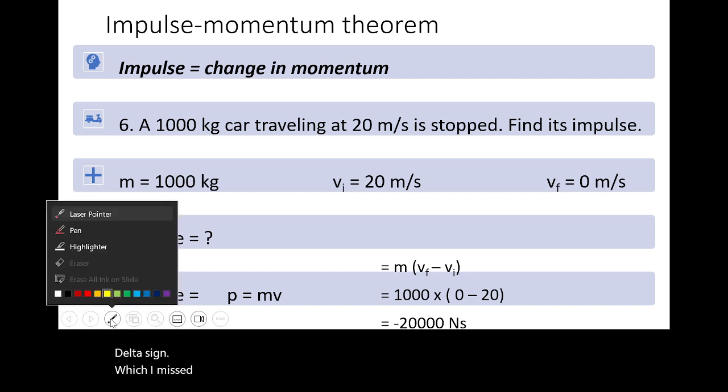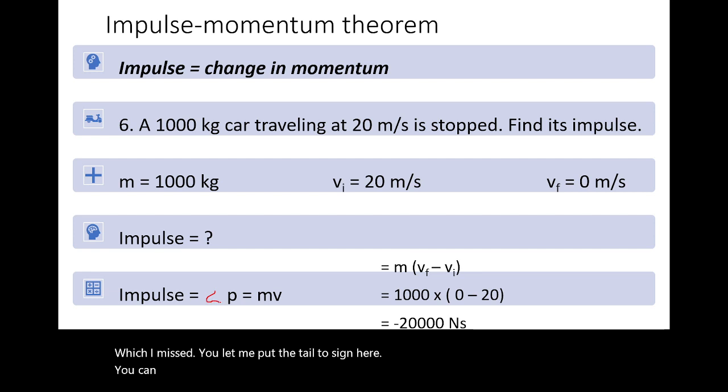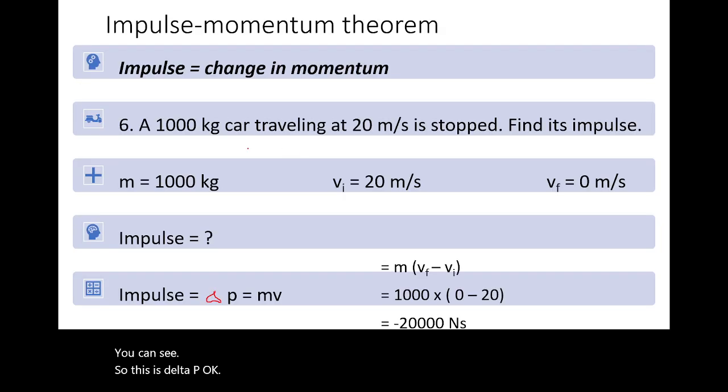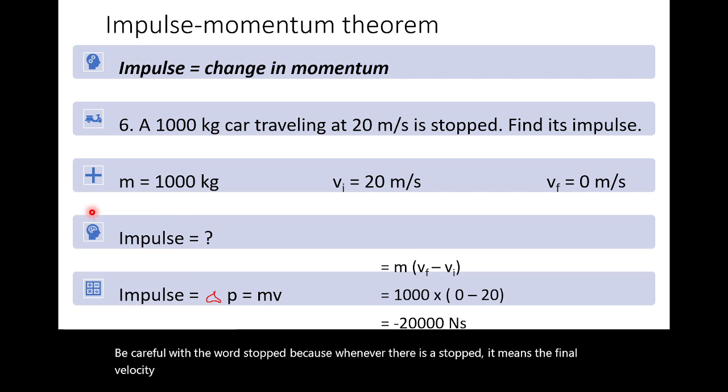Let me put the delta sign here, which I missed. So this is delta P. Now, always be careful with the word stopped, because whenever there is a stopped, it means the final velocity is zero.